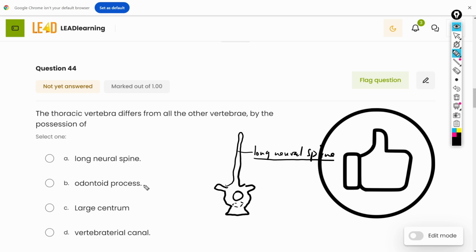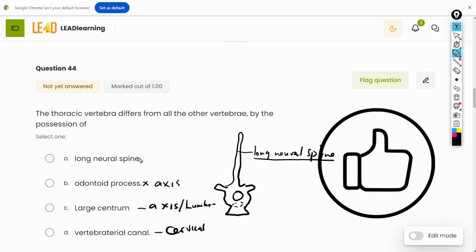The odontoid process is the distinguishing feature of the axis vertebra. A large centrum is also a distinguishing feature of the axis vertebra and the lumbar vertebra, while the vertebrarterial canal is a distinguishing feature of the cervical vertebra.